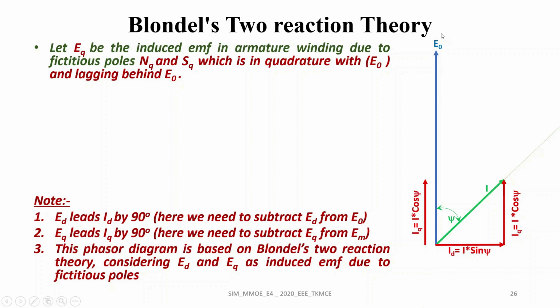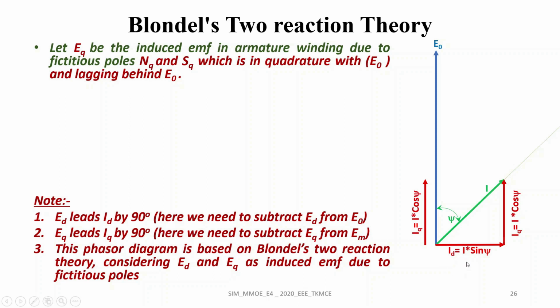The in-phase component of E0, that is IQ, is in phase with the quadrature axis, and quadrature component of armature current, which is quadrature with E0, that is ID, is in phase with direct axis. Since ID is lagging E0 by 90 degree, ID will generate a demagnetization MMF AD.